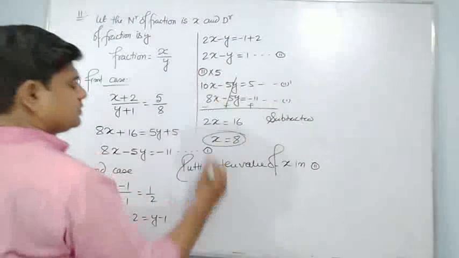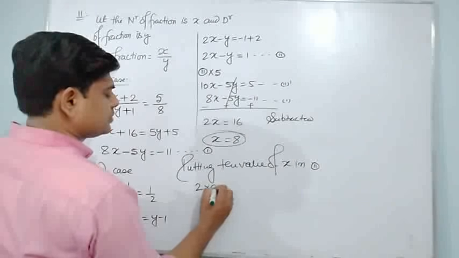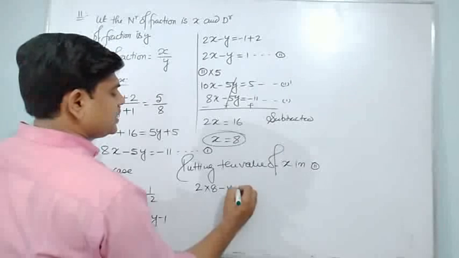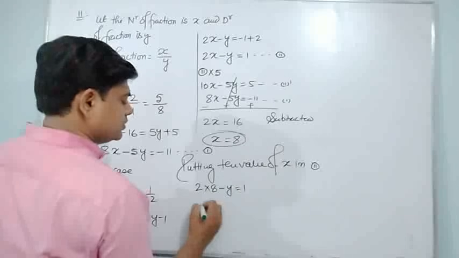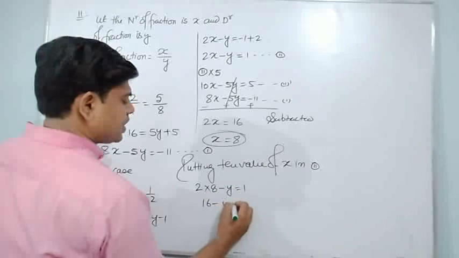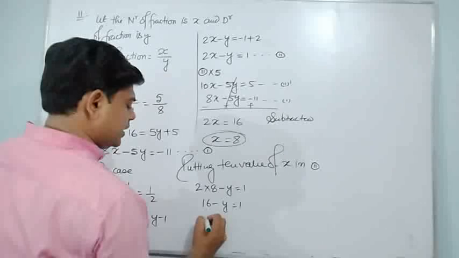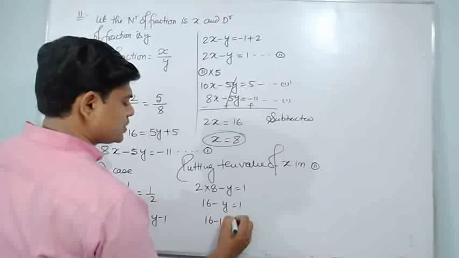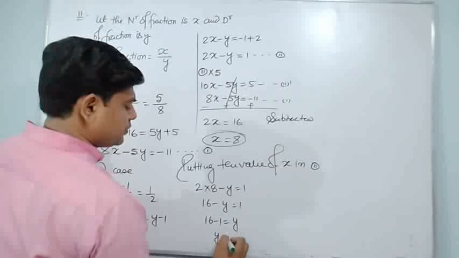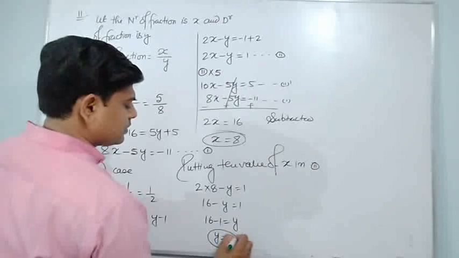What will happen? 2 into 8 minus y is equal to 1. 16 minus y is equal to 1. After transposing, I can get 16 minus 1 is equal to y. So y is equal to 15.